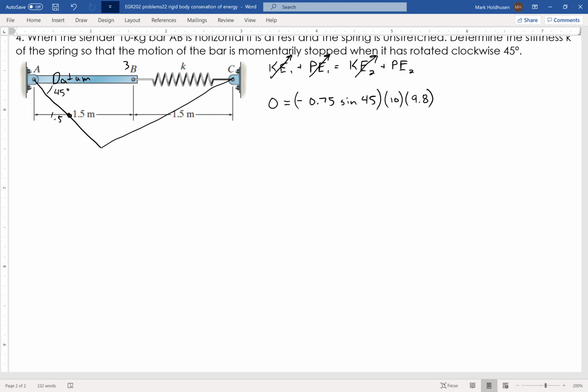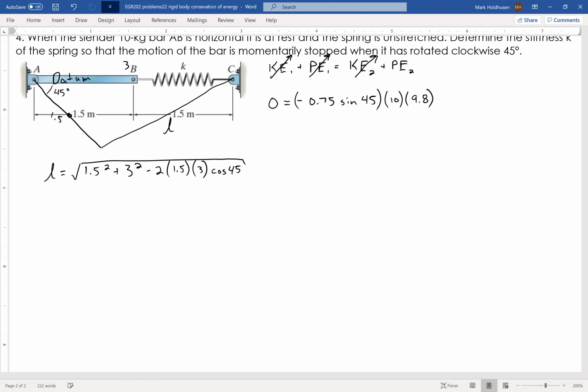Okay. Now if I just find the length of that side, I should be good to go. I'm going to use the law of cosines. Right? So if I call this L, L is going to be equal to 1.5 squared plus 3 squared minus 2 times 1.5 times 3 times the cosine of that angle of 45.